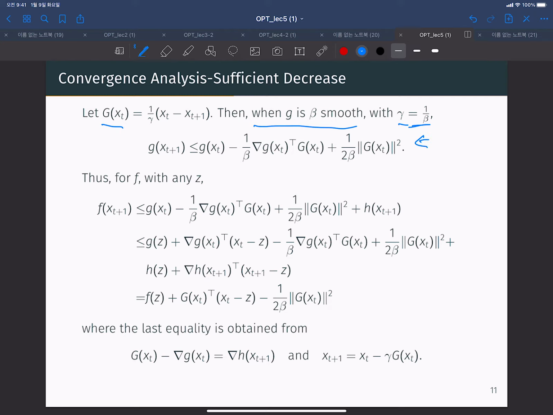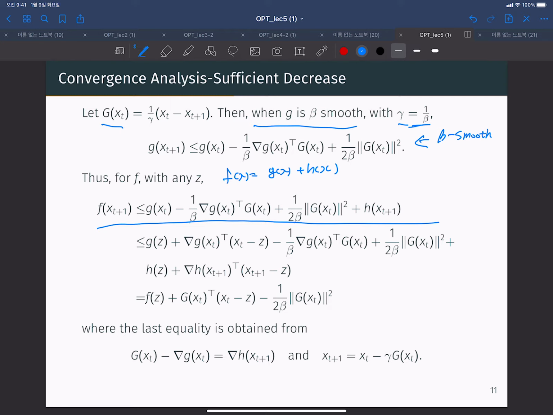And from the beta smoothness, we have this inequality, right? That comes from the beta smoothness of function g. And from the definition of function f, because f(x) is equal to g(x) plus h(x), we can have the first inequality, right?